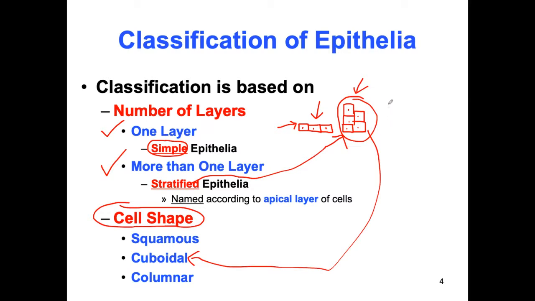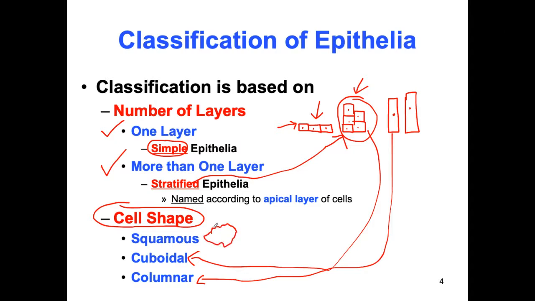But if they were taller, like this, with a nucleus, then we could say that they are columnar, right? We would say that they look like columns, columnar. But if they were like these flat, irregular shaped cells, like this, then we would say that they are squamous, okay?